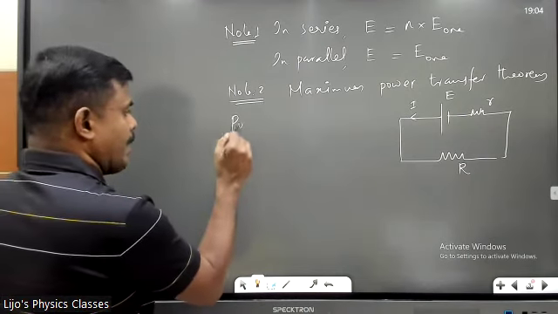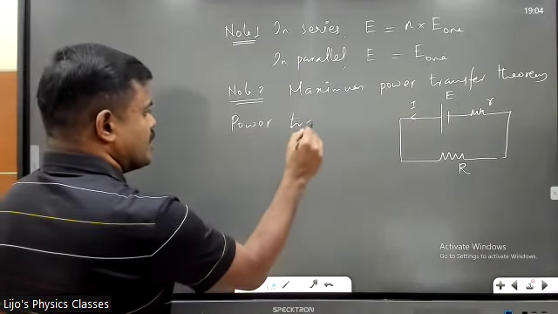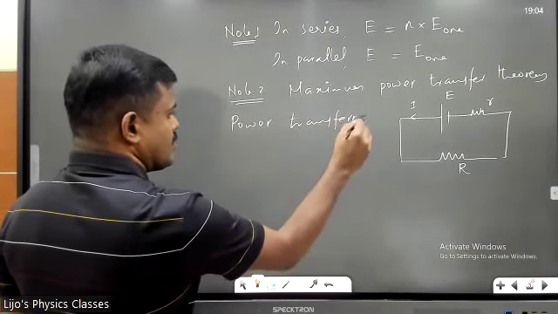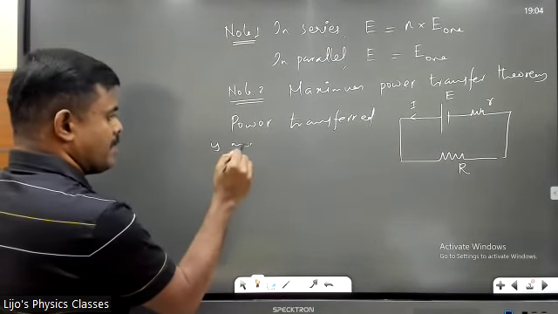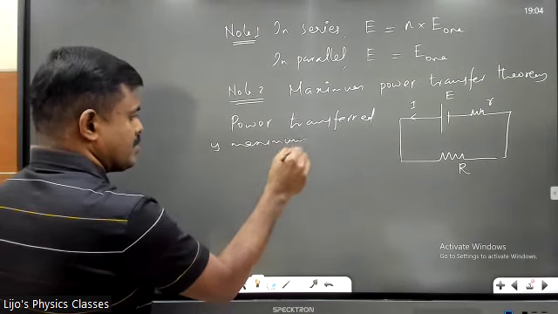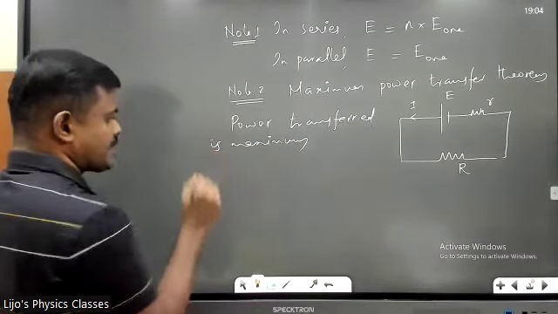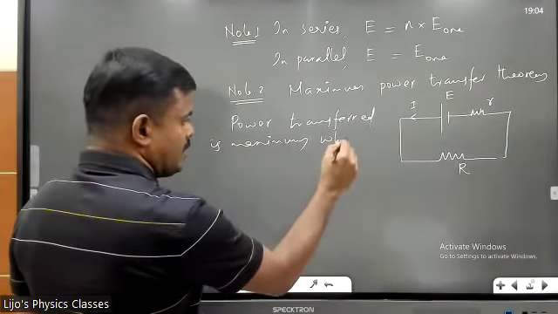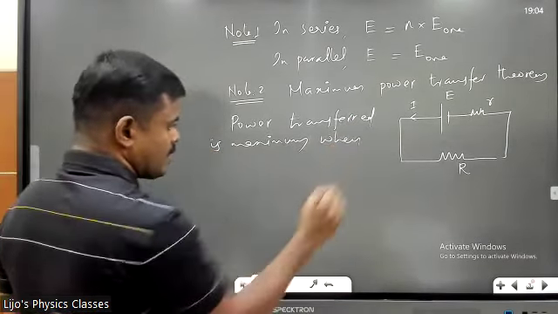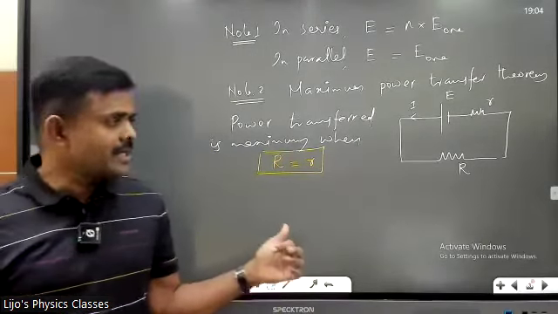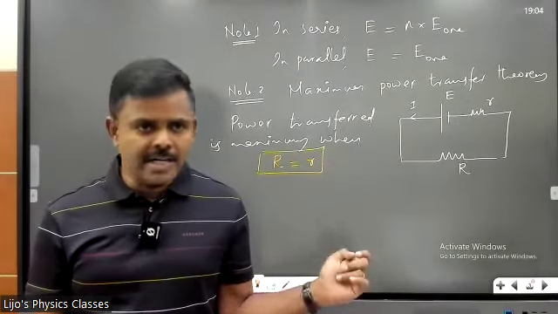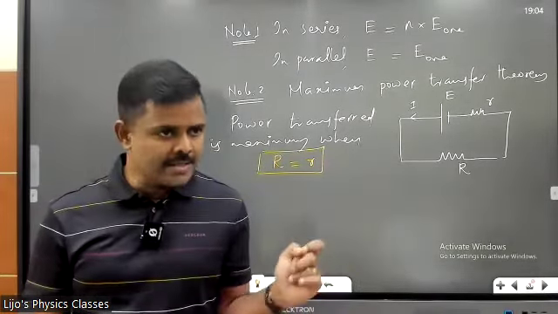You can write: power transferred is maximum when R is equal to r. You won't need the proof, trust me on that. This is the condition. We used to derive this like 15 years back, but it is not needed anymore. Power transferred is maximum when external resistance is equal to internal resistance.